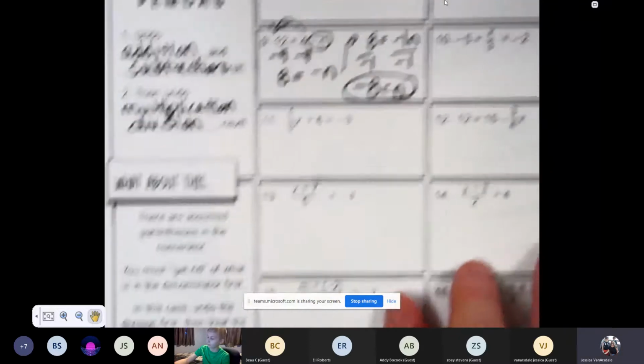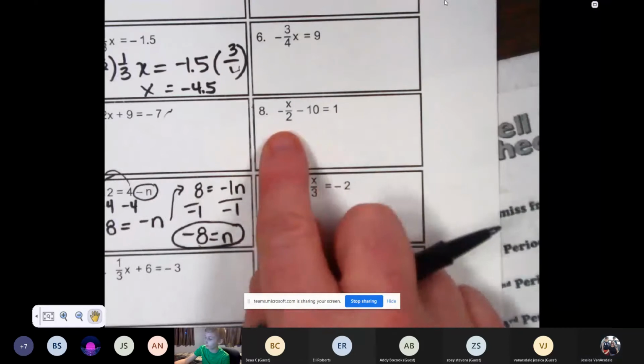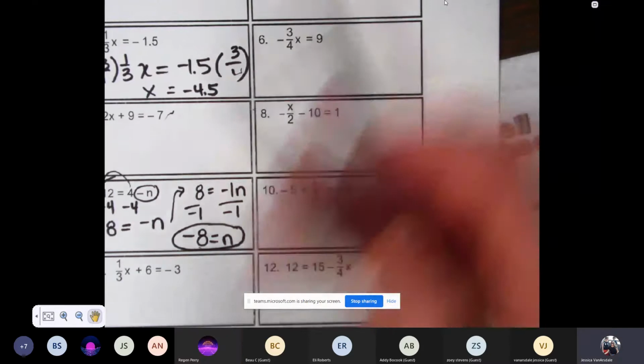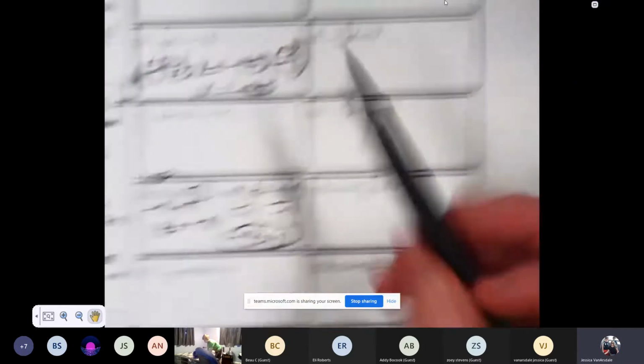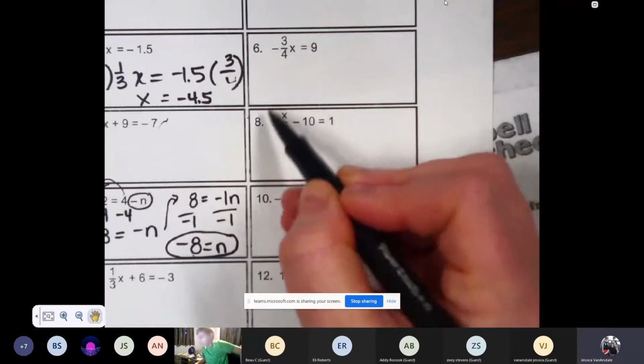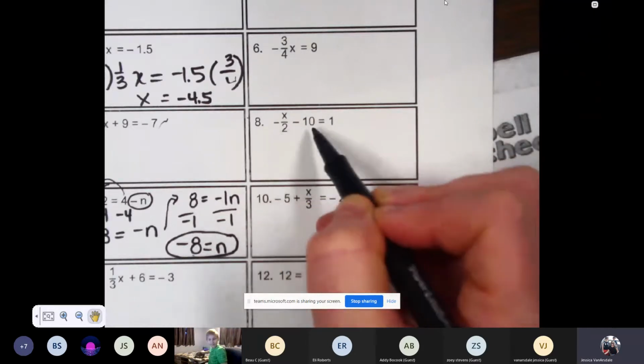Let's do a couple more of these. How about number 8? So we have negative x over 2 minus 10 equals 1. The first thing we want to do is undo addition or subtraction, or we're going to add or subtract first. Here's our variable number. So we have negative or minus 10 here. If it's minus 10, we want to do the inverse.